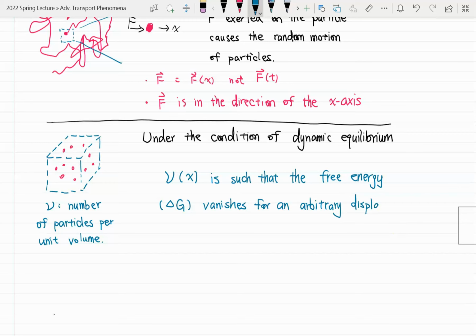This is basically another way of saying that the energy is conserved in this system, right?